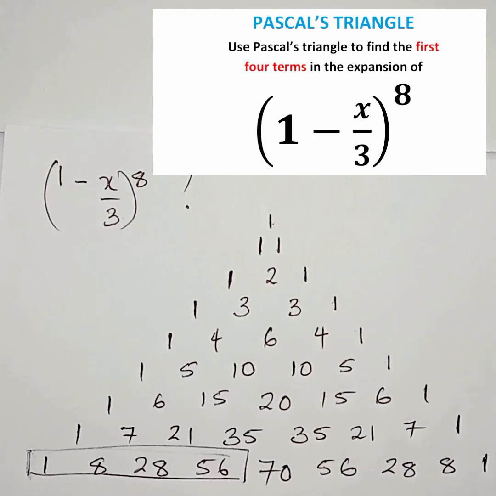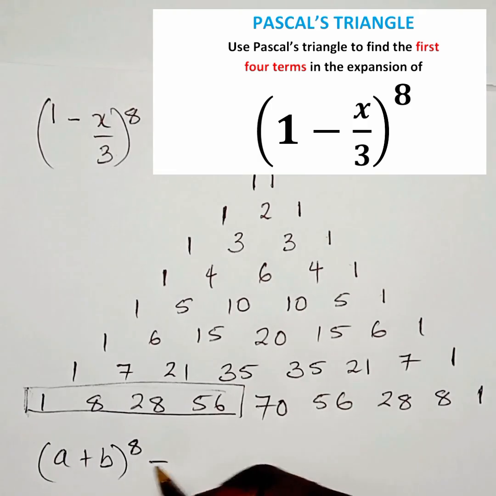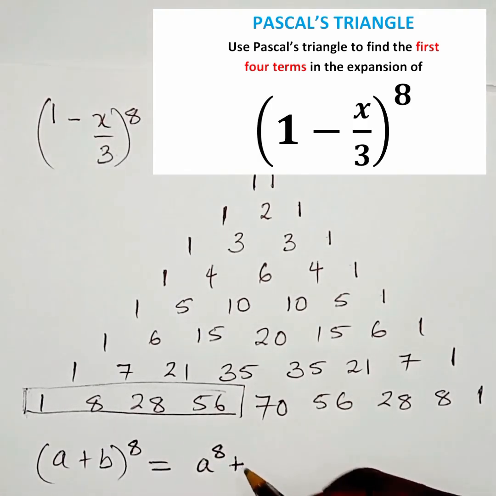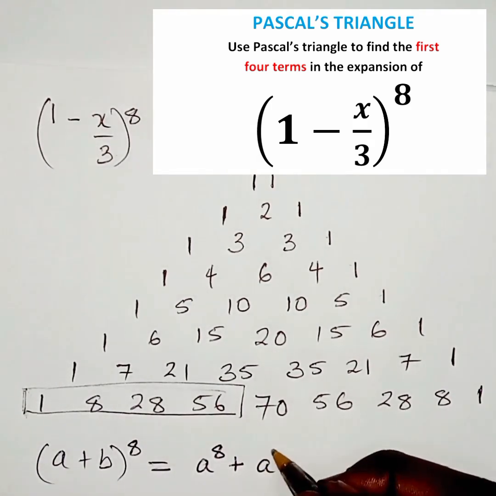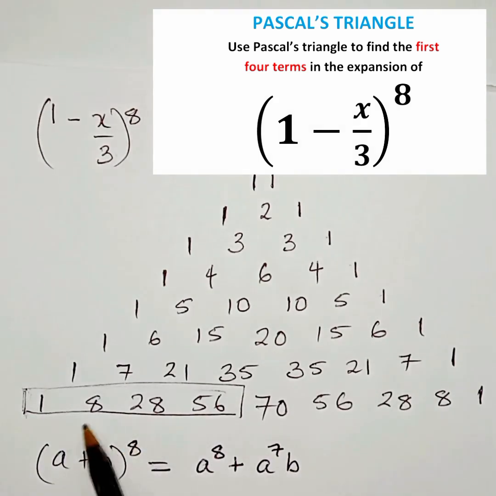Now let's construct the formula that we are going to use. We say (a + b)^8 is equal to a^8 plus a^7 b, but now we put the coefficient of 8 on this term.